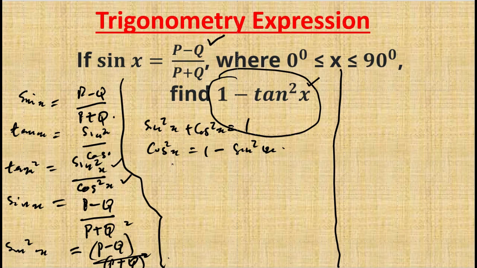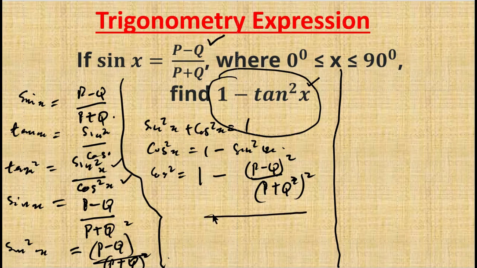So I can now pick my cos squared x to be 1 minus (p minus q) all squared, all over (p plus q) all squared.